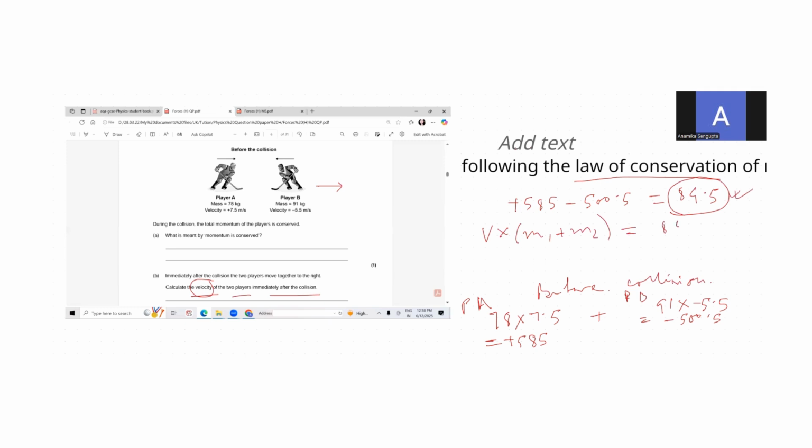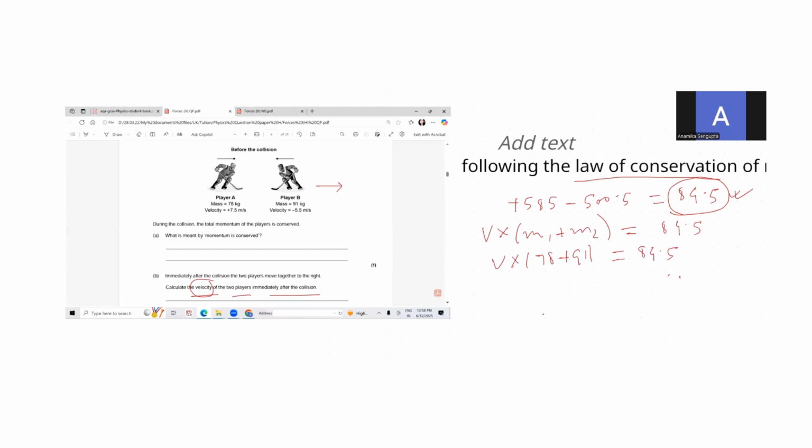Now v is unknown, but we know m1 and m2. So v will be multiplied by 78 plus 91, which is in kg, and that is equal to 84.5. So now we can easily calculate the value of v.